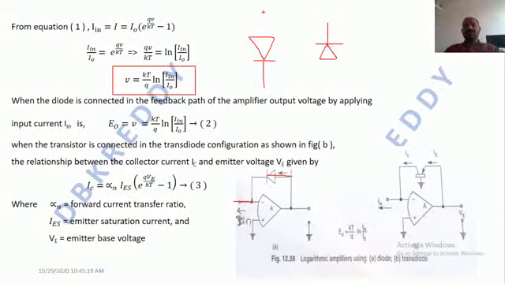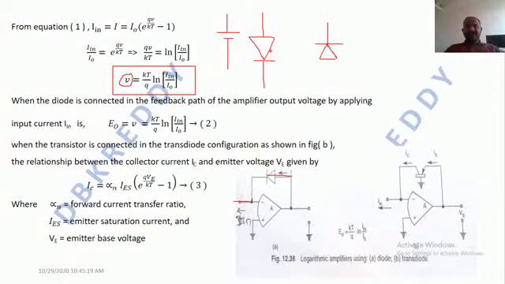So in general, the ideal characteristics of the diode in forward bias, for the basic explanation, we take as a short circuit. But if you want a more practical one, then when the diode is in the forward bias, it will be replaced with a voltage. That is called the knee voltage or the breakdown voltage. So this V is indicating the knee voltage or the breakdown voltage of our diode.